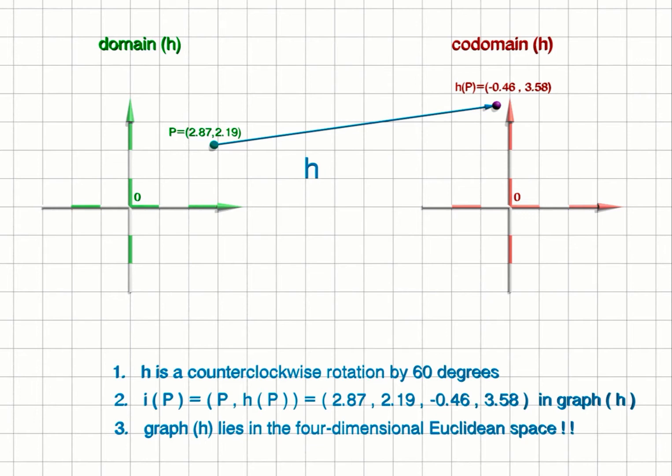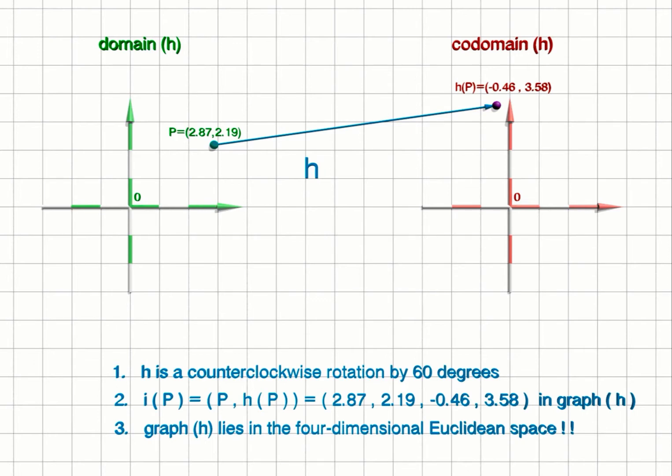Now the graph is going to live in R4, and we cannot draw R4 in any way on a screen. In this case, it is not going to be possible to represent the graph of h.